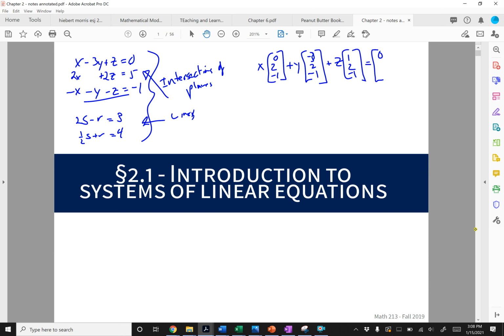And we end up with (0, 5, -1). Okay, so these are equivalent. Like this set and this set, these equations are equivalent.